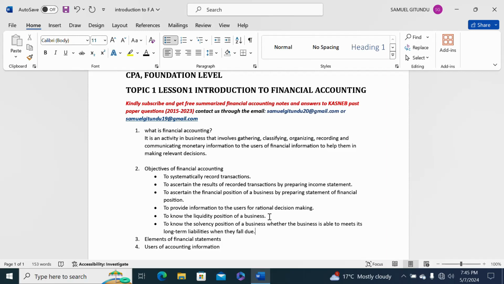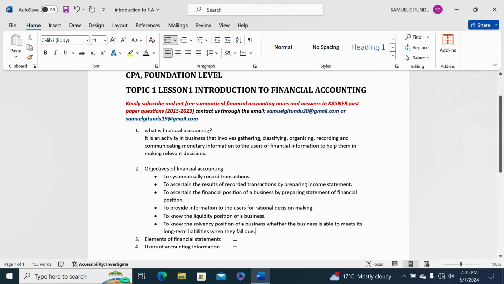And that means that that business can fail at any time. So those are the objectives of financial accounting.